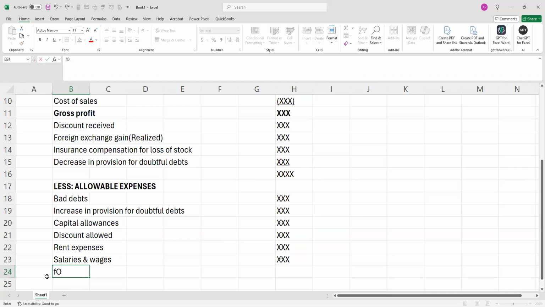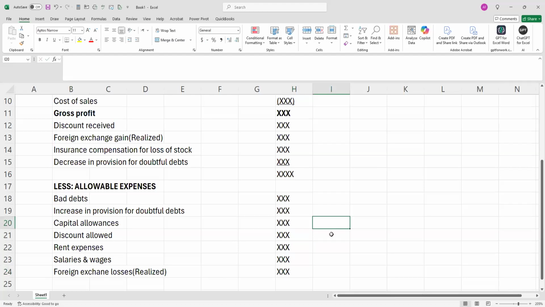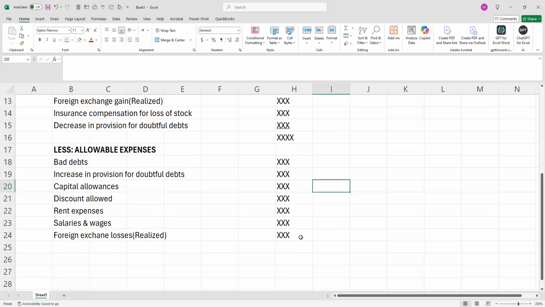Maybe you can consider foreign exchange losses. These should have been realized. And my good students, consider all the expenses that Mwalimu shared with us, which you're going to have here.